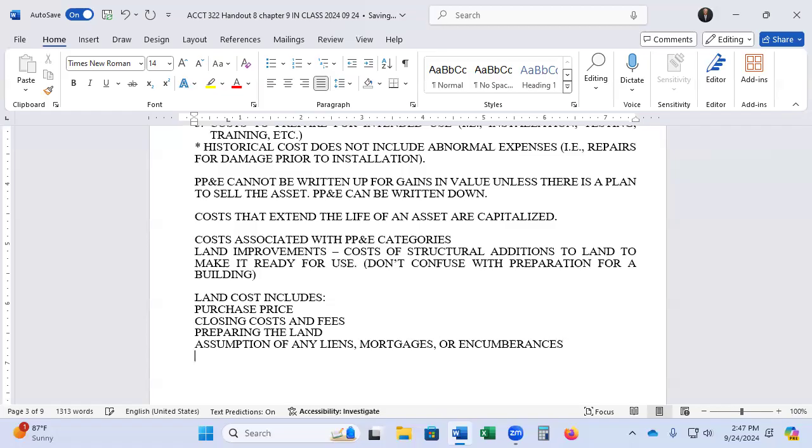Sometimes towns and counties will sell land and they'll say the sales price is basically nothing, but you've got to pay the back taxes on it, and then you've got to get it up to code. If that's the case, those costs would be included. And any land improvements that have an indefinite life.